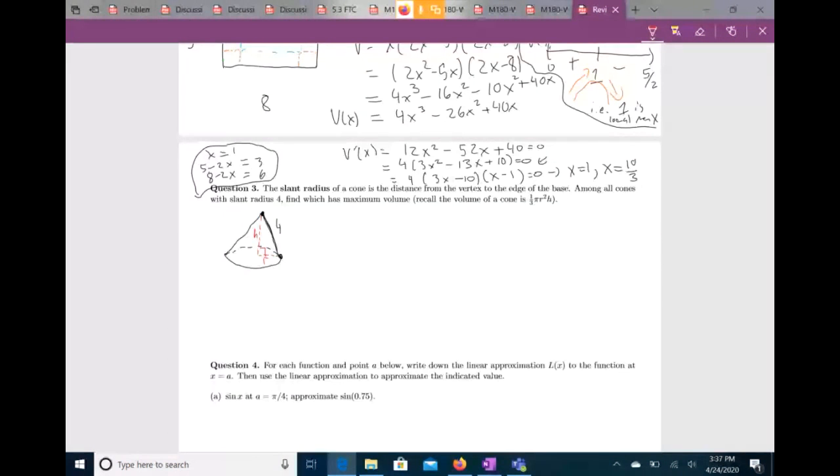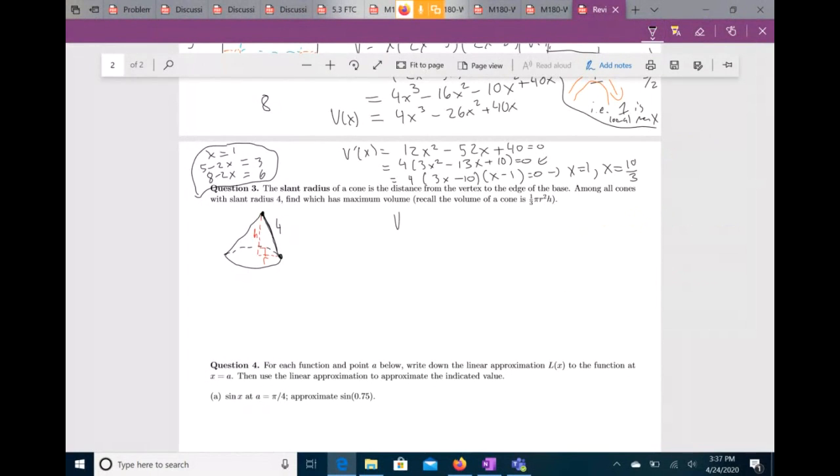Okay, so the volume of a cone is 1/3 pi r squared h. I want to take a derivative, but at first I need to relate H and R. I need to come up with some equation that relates H and R.